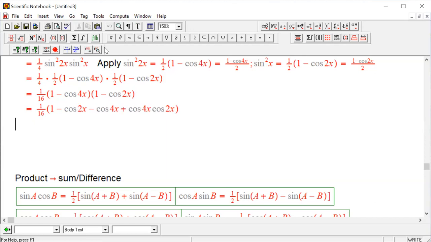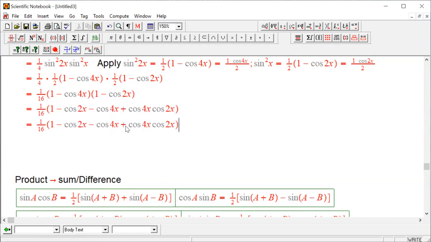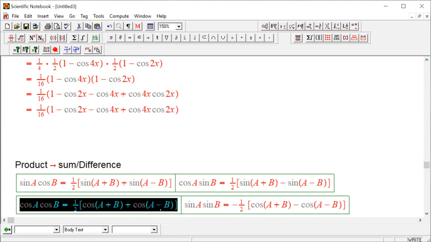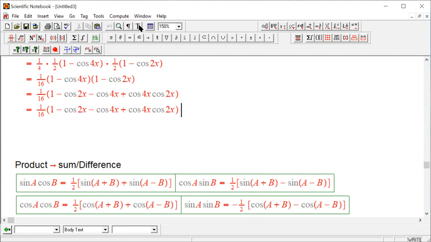And then we will need to replace it by which formula? Product to sum or difference. It looks like this piece is going to be most fitting. So we're going to apply that formula. So A is 4x, everywhere A will be replaced by 4x.